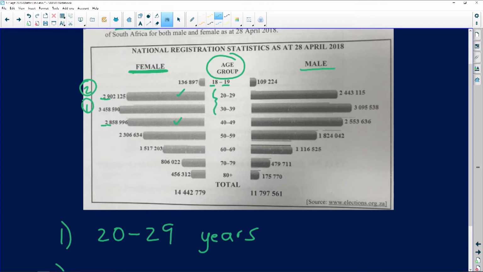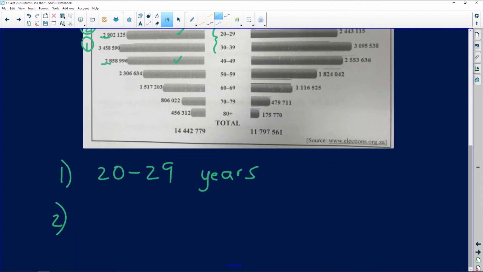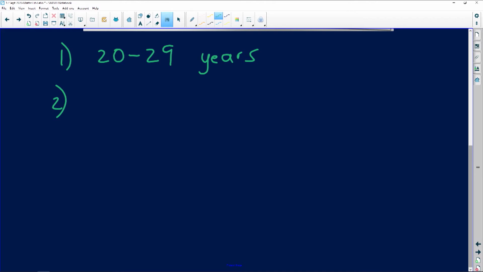That's anything under 40. So what do we need to do? We need to calculate the number of voters, so we need to include them over there. Let's add these numbers. This is what is expected of you: take the numbers and add them to get the marks.